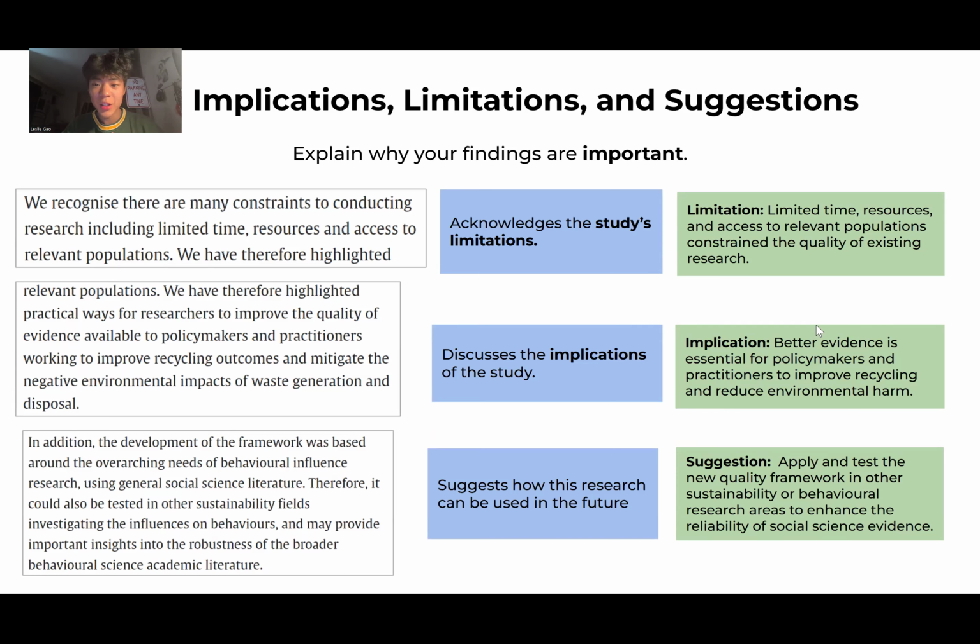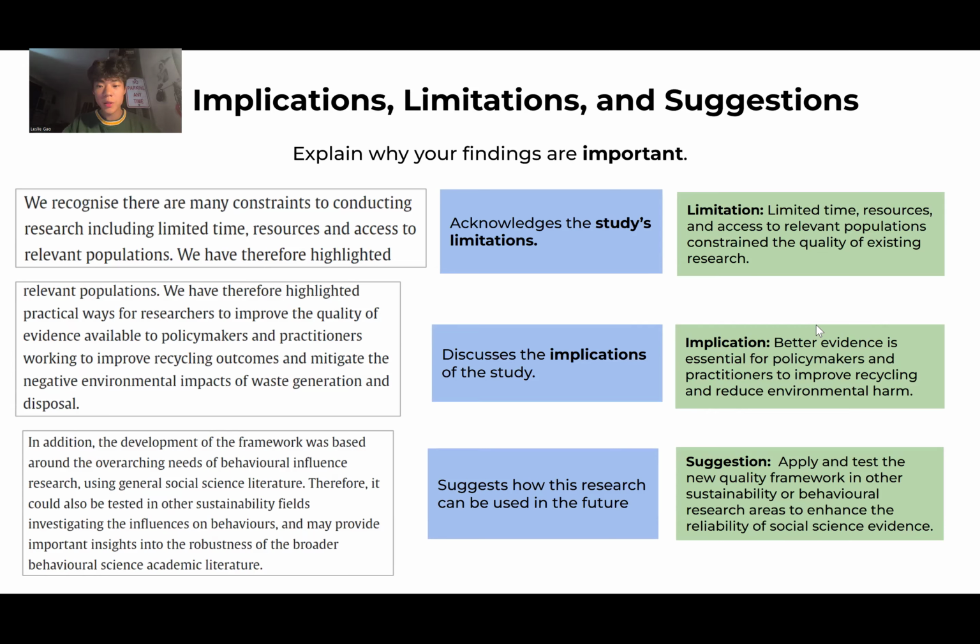Later on in academia, you will realize limitations are an important part of an academic paper, and very few papers now can be published without having a limitation section. So keep that in mind. This is also particularly important in mental health research because these topics are often complex and multifaceted.